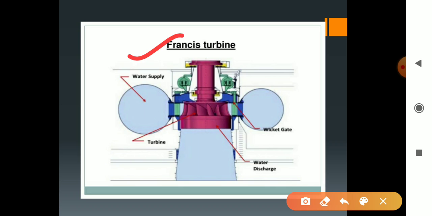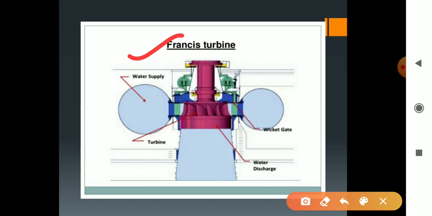The Francis turbine is a type of reaction turbine in which, at the inlet, energy is available under the action of pressure, and at the outlet there is kinetic energy. So two different types of energy take a role here.